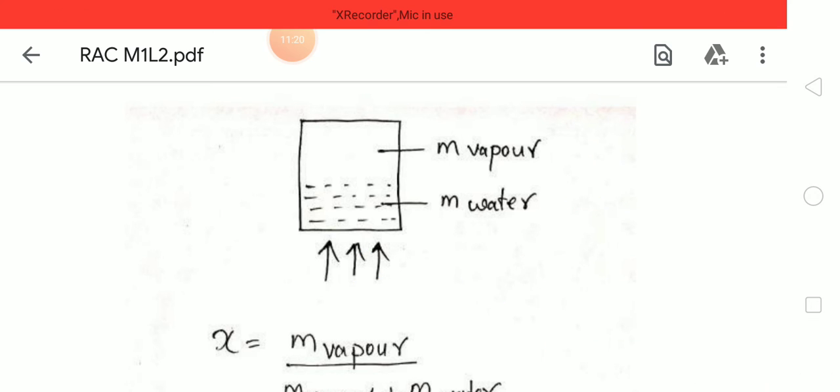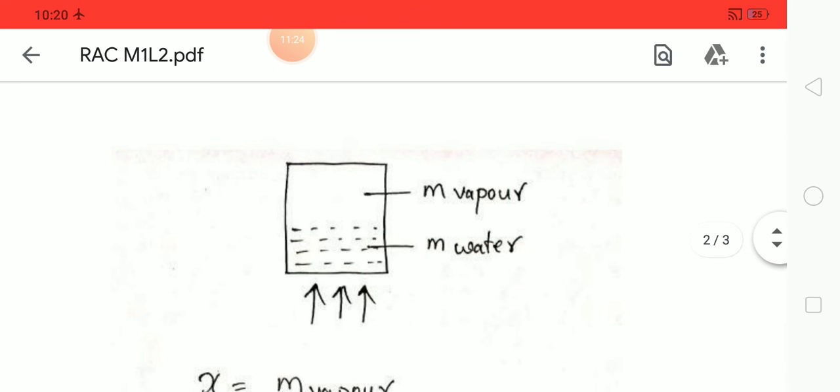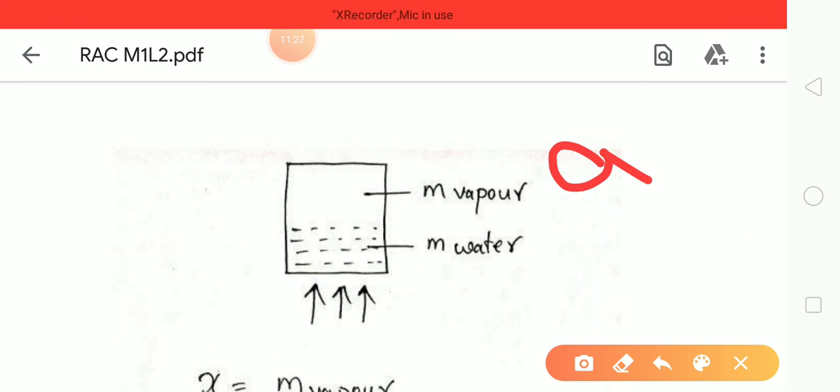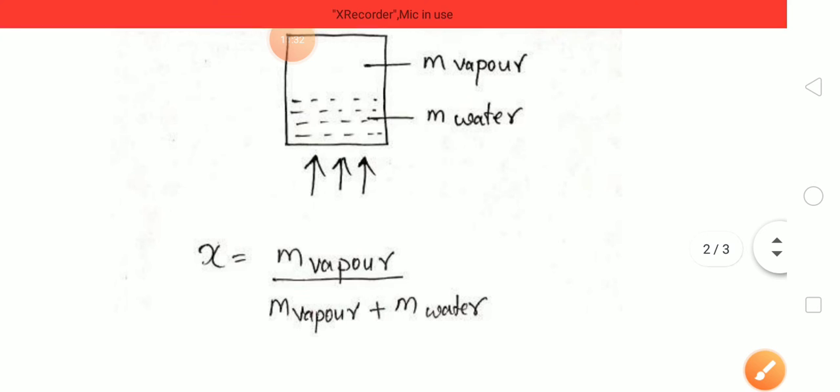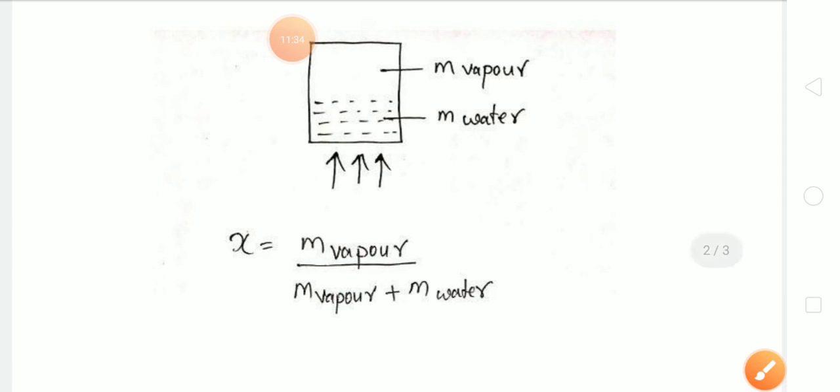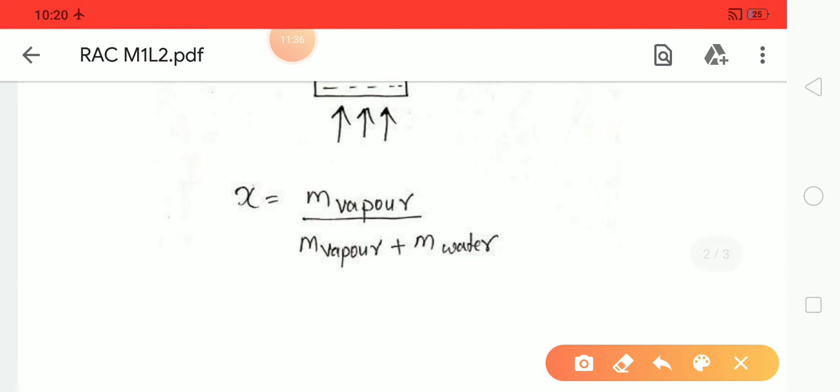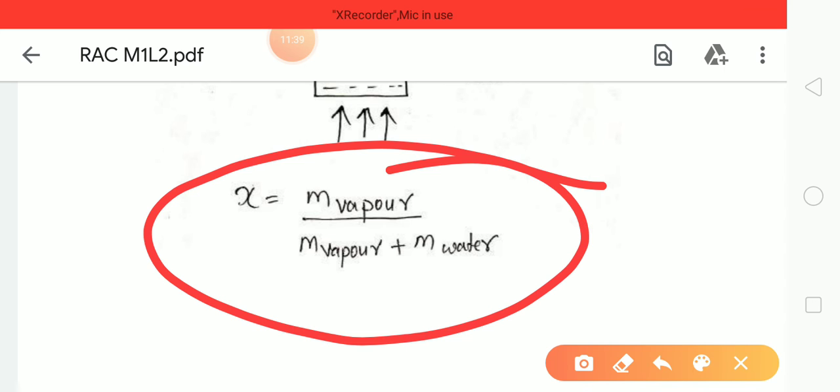So you know there is a small amount of, say, a amount of vapor, and you have b amount of water remaining in that vessel after some time. Now the formula of dryness fraction is x is equal to m vapor divided by m vapor plus m water, that is, mass of vapor divided by mass of vapor plus mass of water remaining in that vessel.